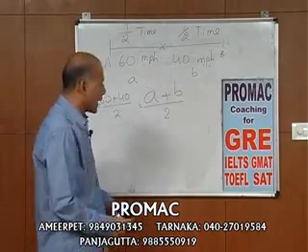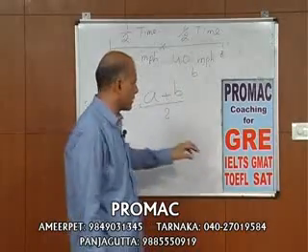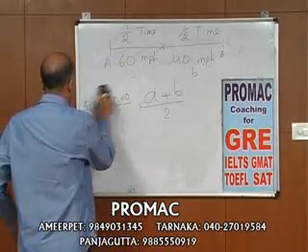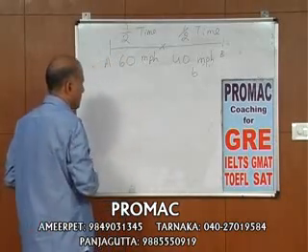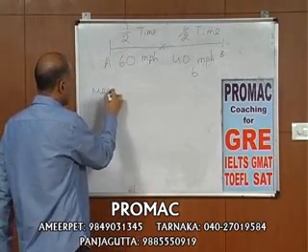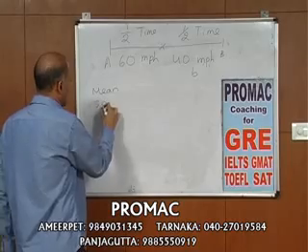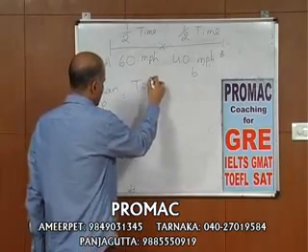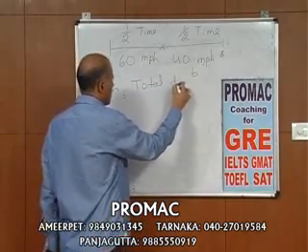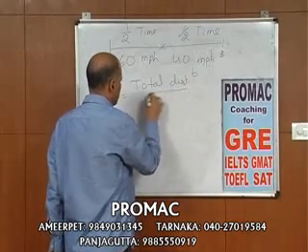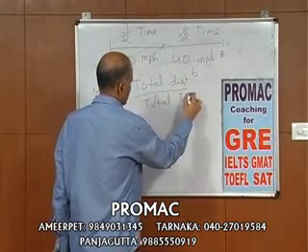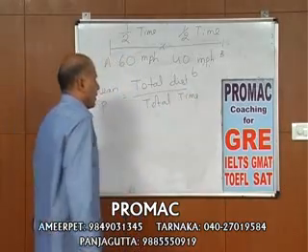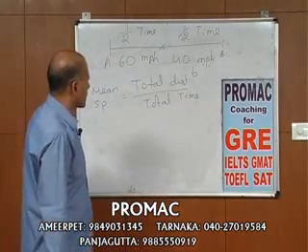Why? Where did this a plus b by 2 come from? This is also a variation of total distance by total time. What is mean speed? Total distance travelled by total time. What is the total distance?